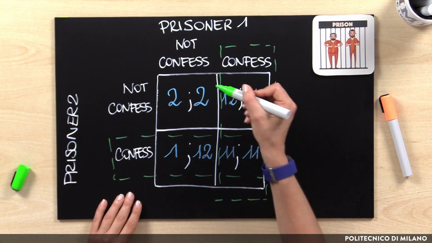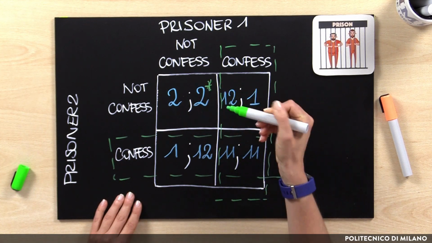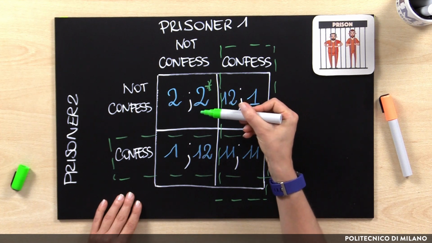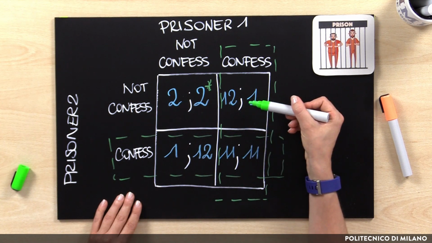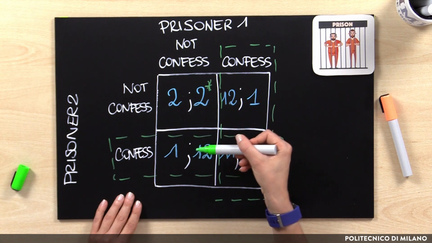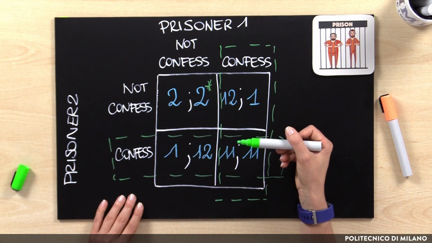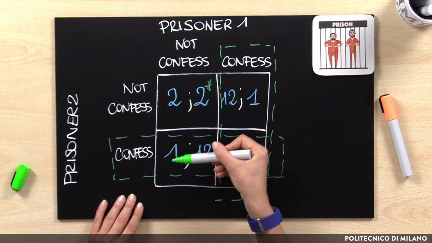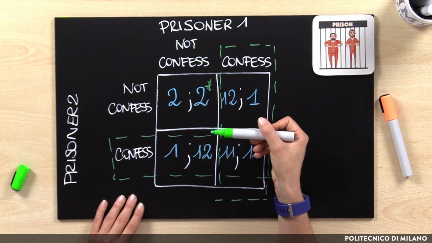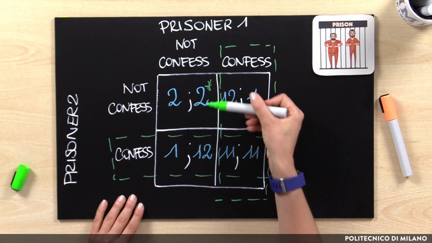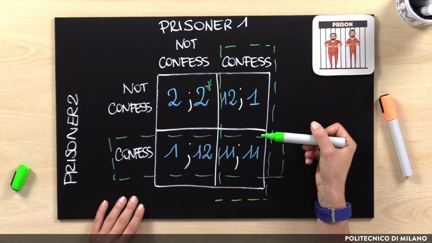The second point is looking for efficient solutions. We could see that there are 3 efficient solutions. 2-2 is efficient because moving to either not confess, confess, or confess, not confess, the situation is improving for one of the players, reducing the penalty to 1, but the situation is much worse for the other, increasing the penalty to 12.